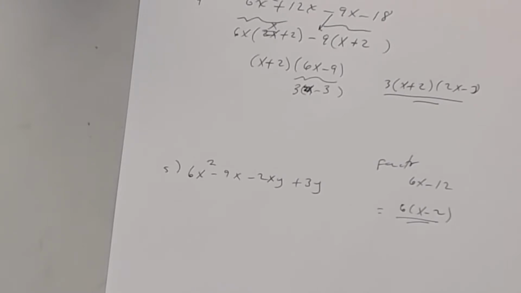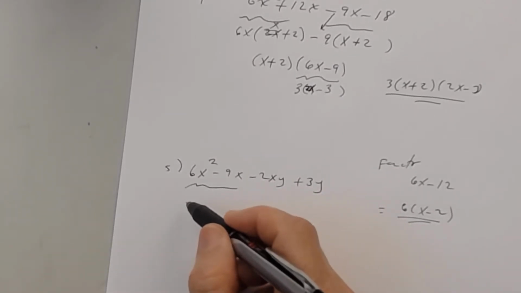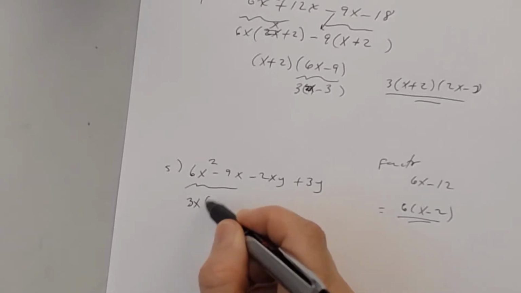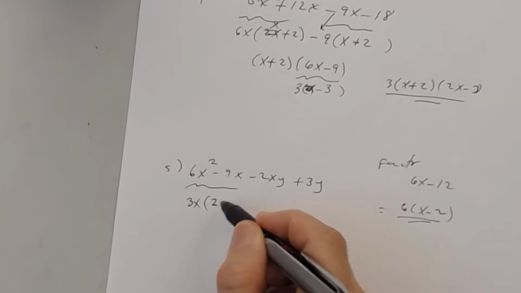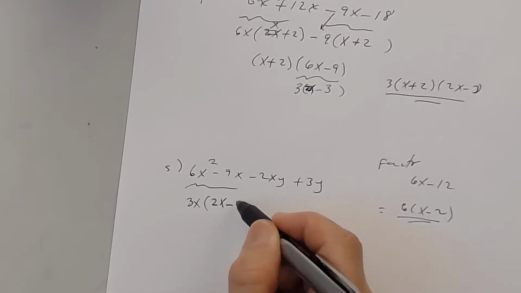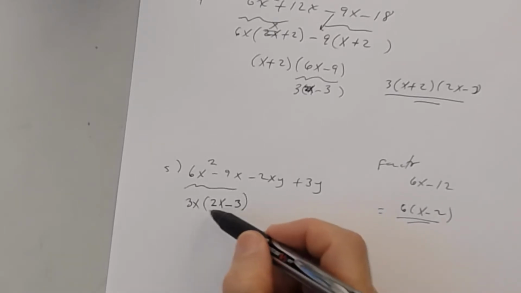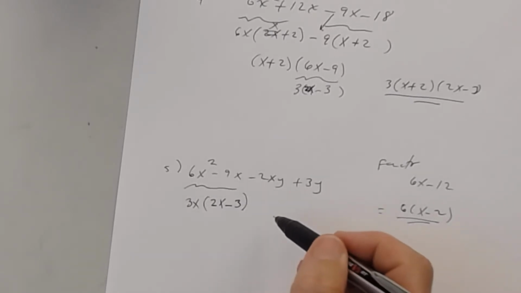How many terms do you see? 4. So try grouping. The first group, what's the GCF? 3x. And you get 3x times what? 2x minus 3. 3x times 2x is 6x squared. 3x times negative 3 is a negative 9x.